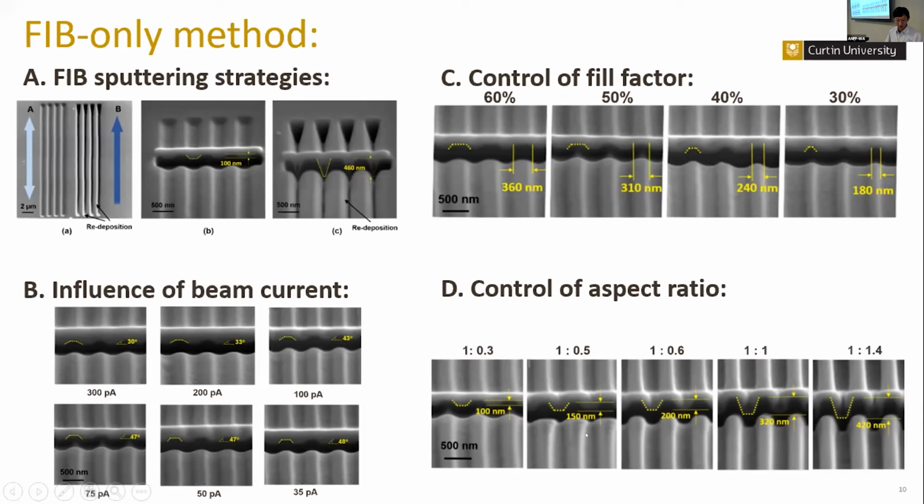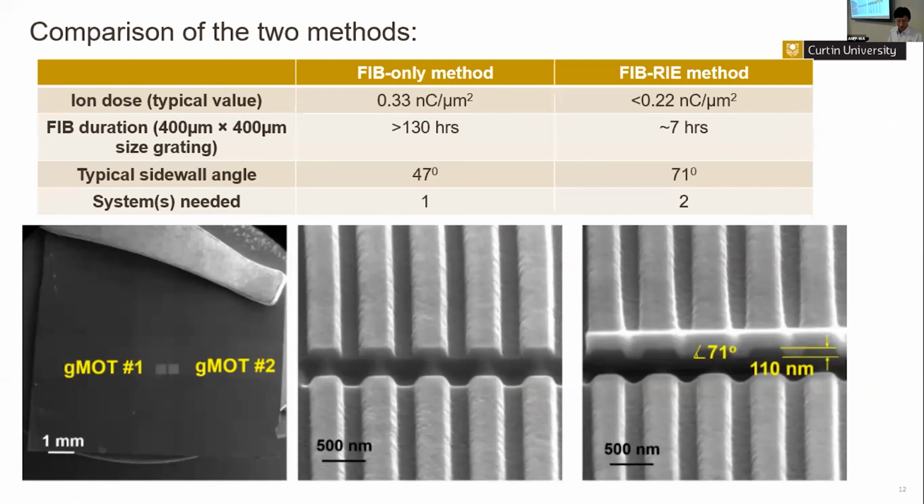But it's possible to make it deeper. And for the FIB-RIE method, you can also make that deeper, like 120, 150, that's possible. We didn't try too deep a structure based on the current application, but it's possible to make that deeper.